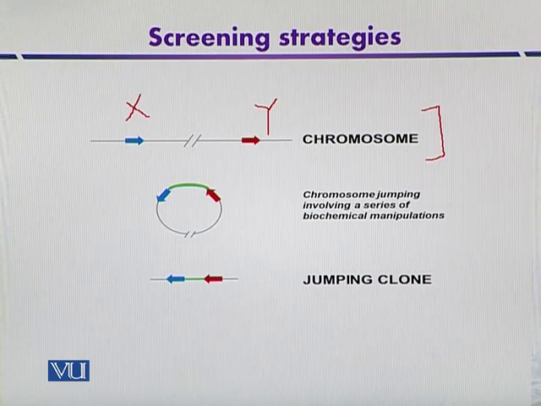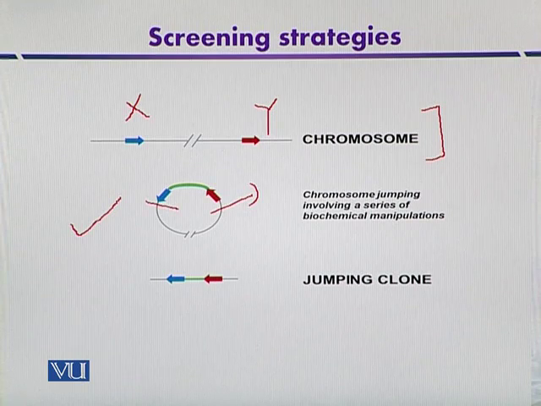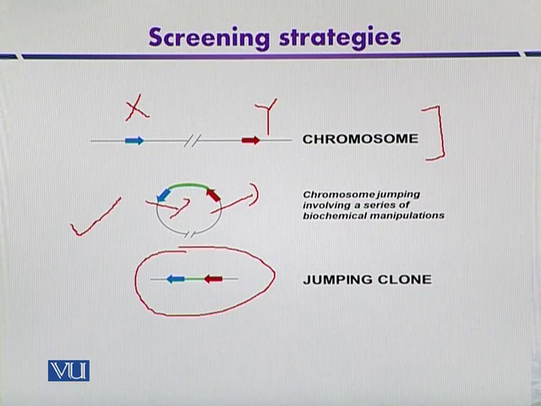It can be managed by the circularization of the very large DNA fragment, so that the genes once located far apart come close to each other. Then the DNA is digested and the jumping clone is formed, and this jumping clone can be ligated into an appropriate vector, and further this clone can be used for screening. So this is one of the strategies of jumping library construction.